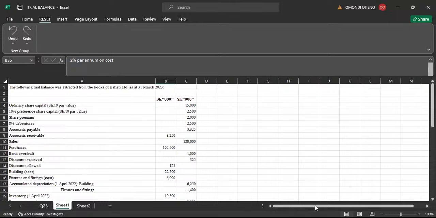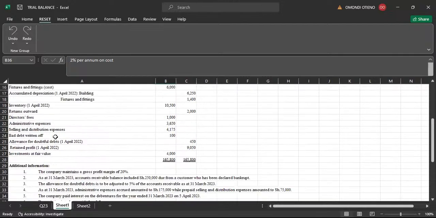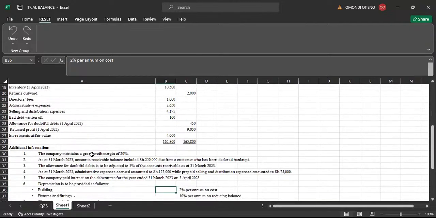Which account? So remember, they are not giving us the closing inventory, but they are telling us that the company maintains a gross profit margin of 20%. The moment we see margin, profit margin, it will always be divided by the sales.